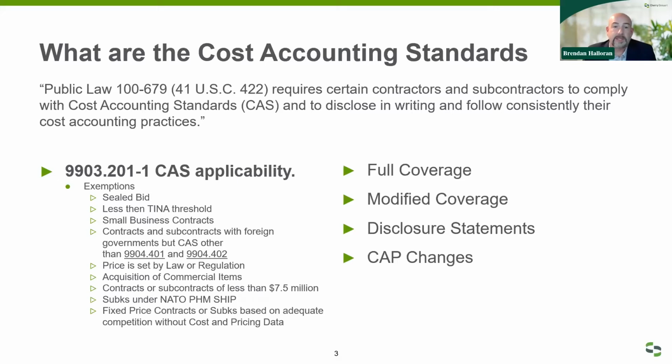Obviously, after disclosing what your accounting practices are, any changes to that once you're in full CAS coverage is a whole other administrative process, with a lot of ins and outs that we'll touch on today and certainly get into more detail as part of part two.